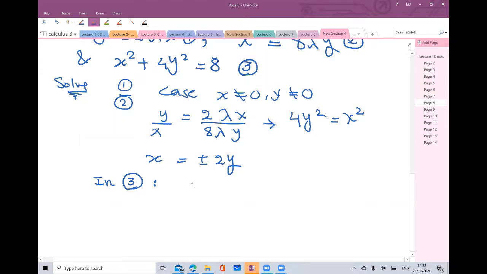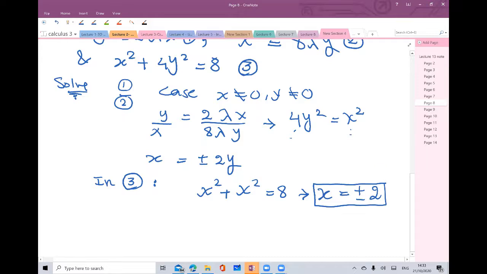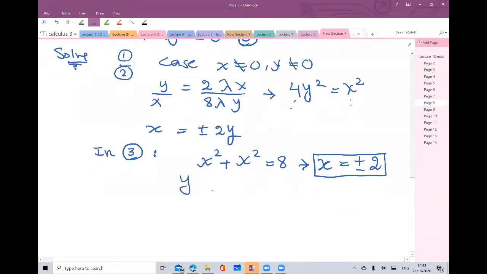So x squared, or let's say with x squared: 4y squared from here is equal to x squared, so x squared equals 8 means x squared is 4, so x is plus or minus 2. If I have a value here for x, then definitely I have a value for y, where y will be equal to plus or minus 1, right? So I have a point.